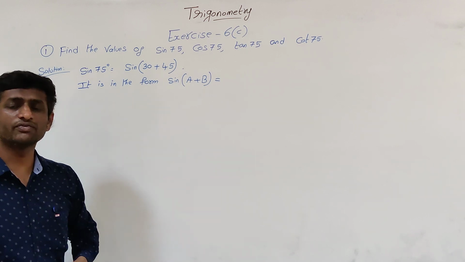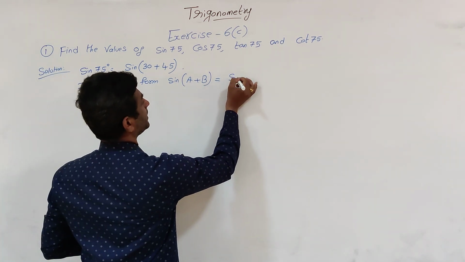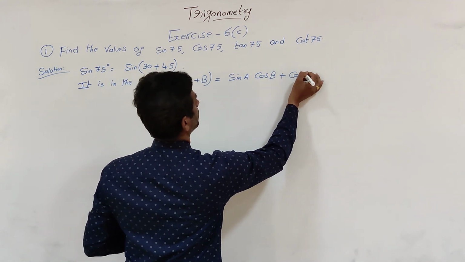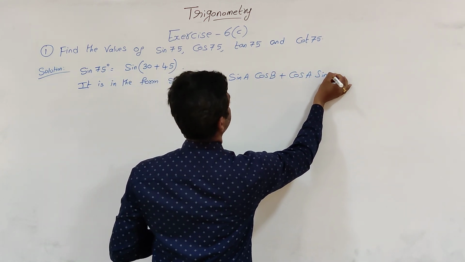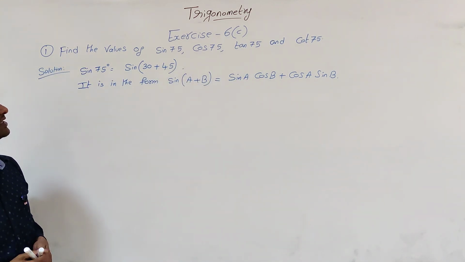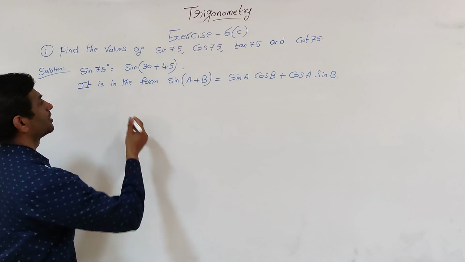Then what will be sine of A plus B? Sine A cos B plus cos A sin B. Now we substitute A as 30 degrees and B as 45 degrees in the expansion.